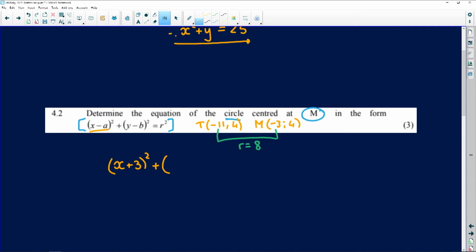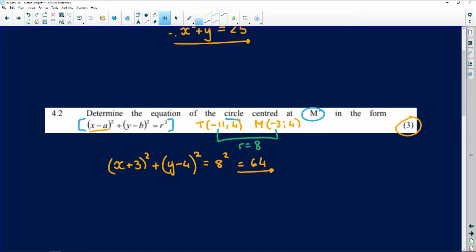Plus y, and y is a positive 4, so it's y minus 4 all squared is equal to this 8 squared, which we calculated with the symmetry in those points. So this gives us a value of 64. So r is 8, r squared, however, is 64.